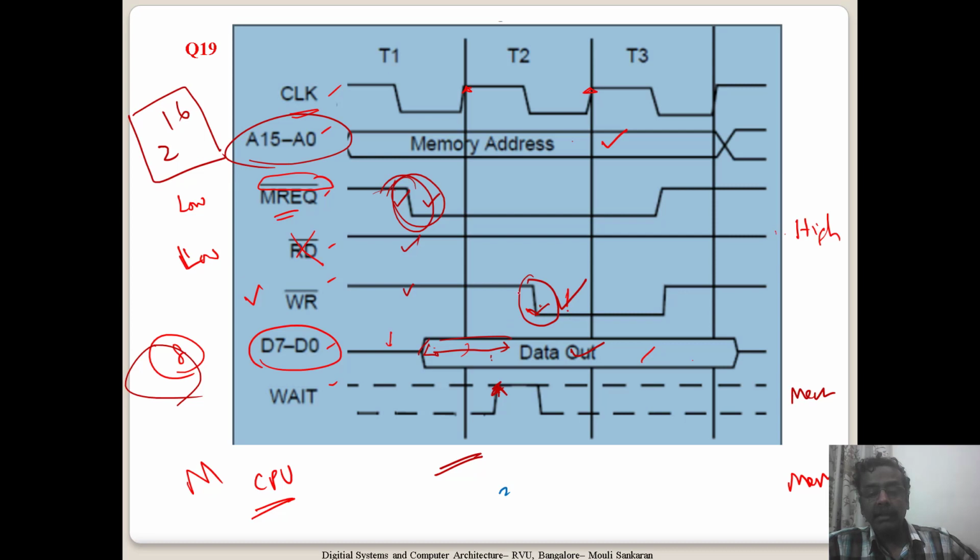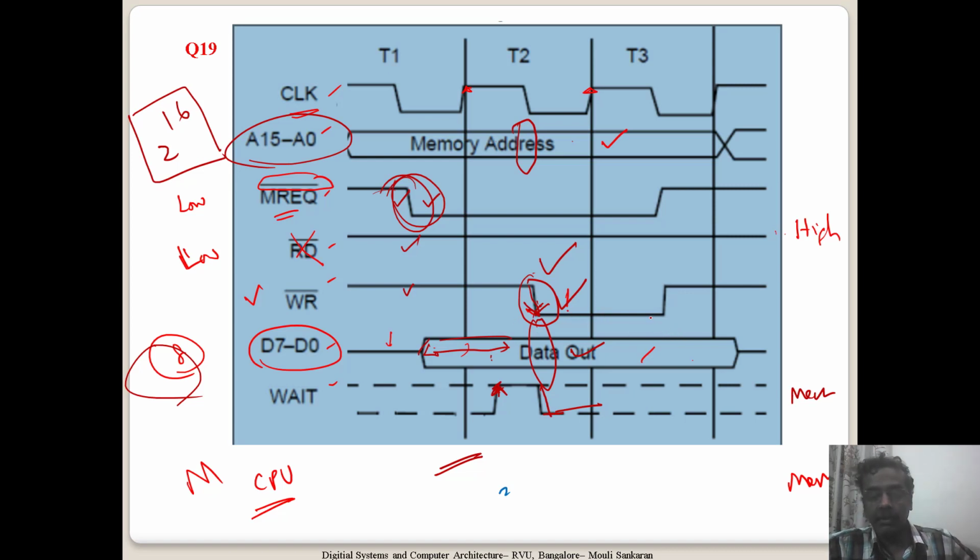Now during this time, the write signal has gone down and then the wait signal also goes down. That means it says, okay, I have understood your write signal and the memory has latched the value given as data, and it has latched the address also, so it is going to write into the memory.